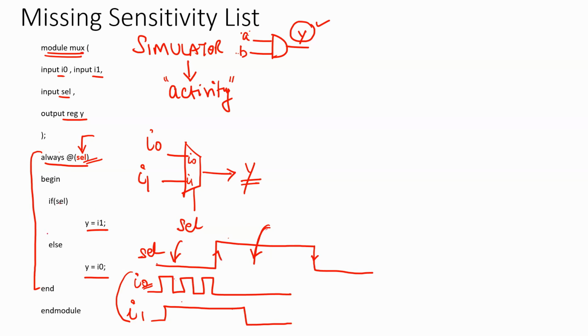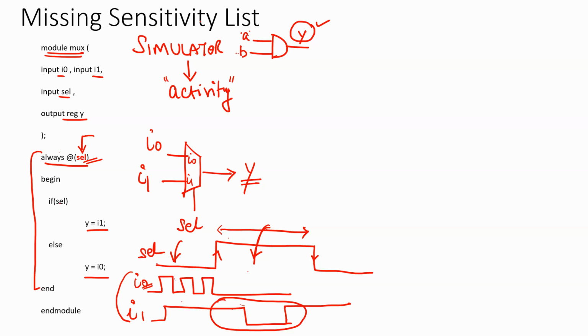My always block will not get evaluated at all. Say for example, my select changed from 0 to 1 here, correct? The moment select changes from 0 to 1, my Y should follow I1, that means the changes in I1 should happen in Y. But these changes in I1 will not even be assigned to Y because the always block is not sensitive to changes in I1. This is a mistake. This is what we call the missing elements in sensitivity list.